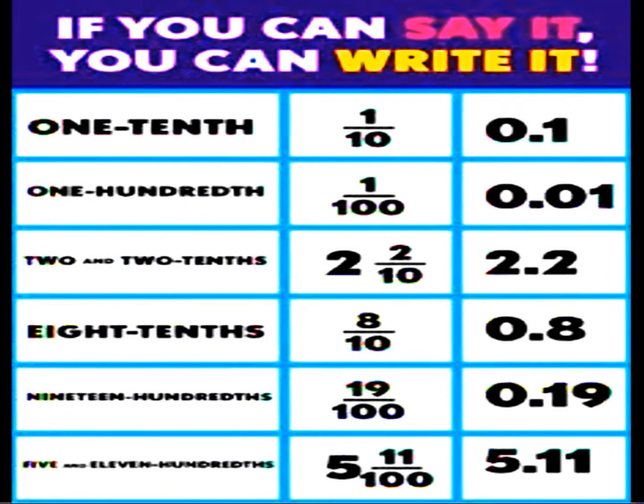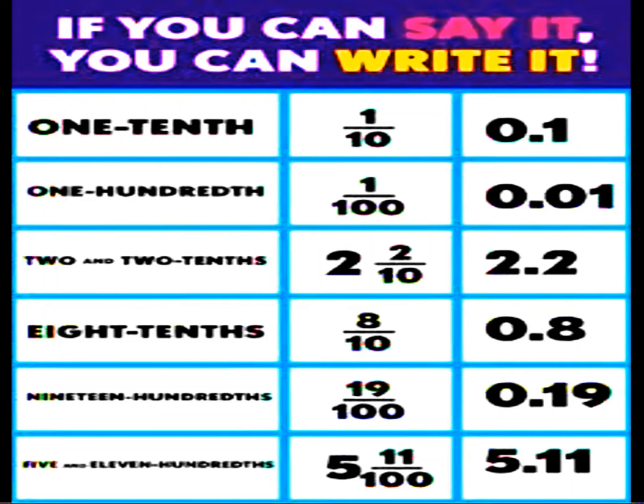We can experience the same with the help of an activity or a table also. Here we have written all the things about place value, fraction and decimal. Let us see. 1/10. How shall we write? 1 upon 10 in fraction, and in decimal number we write 0.1.